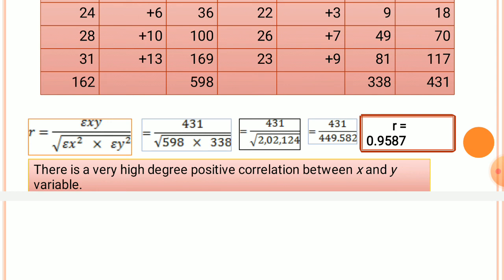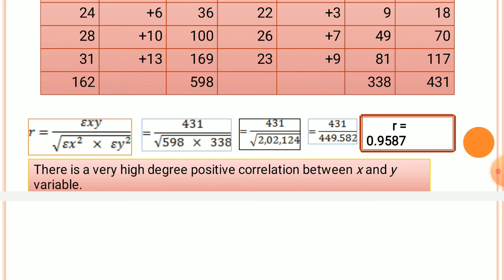If there is plus, we can say positive correlation, and more than 0.90, we can say high degree of positive correlation, and this shows the closeness of relationship which exists between x and y variable.